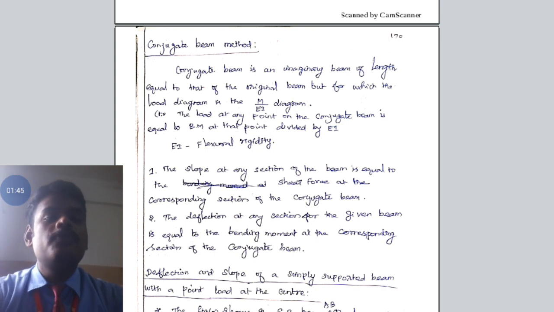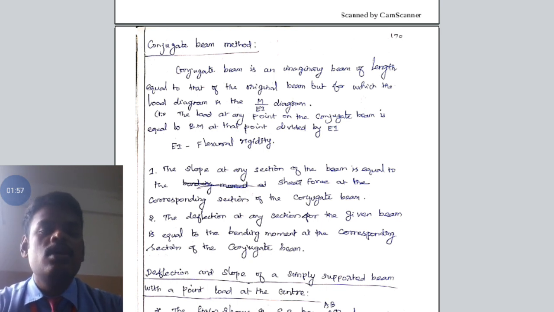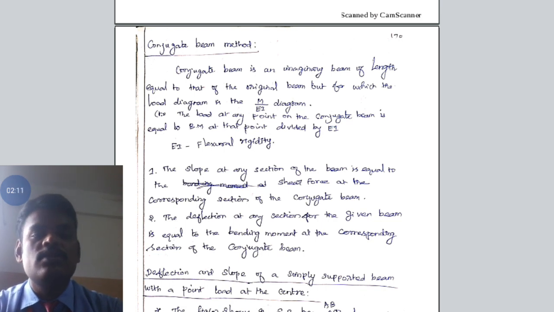If we find the shear force of a conjugate beam, then its value is equal to the slope of the original beam structure. Similarly, the second condition: when we calculate the bending moment value of the conjugate beam, it will be equal to the deflection value of the original beam structure. So in the conjugate beam method we are using two conditions.